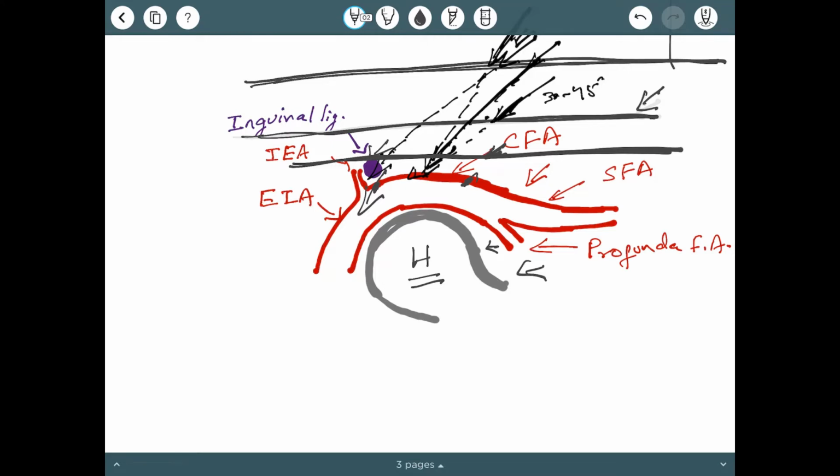So in that situation, I suggest that maybe you go at a narrower angle, almost horizontally, and then you can hit there. Or maybe you can go just above the inferior border of the head of the femur. In that situation, you can be there at the femoral head. So this is what you can practice for a safe puncture.